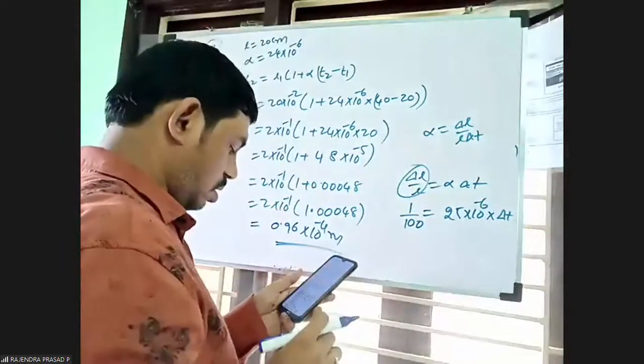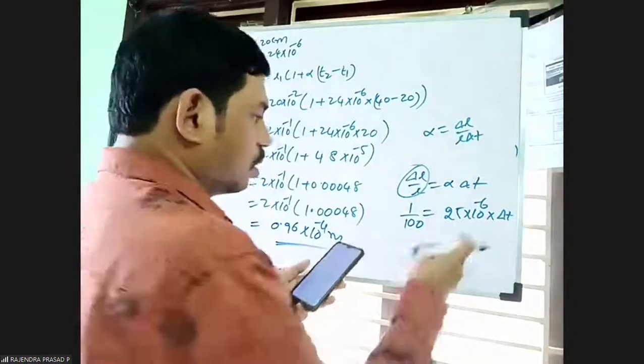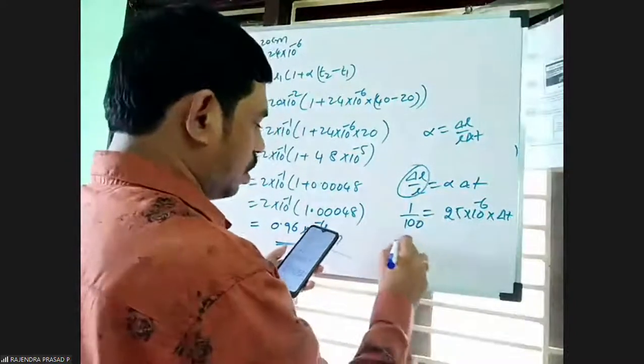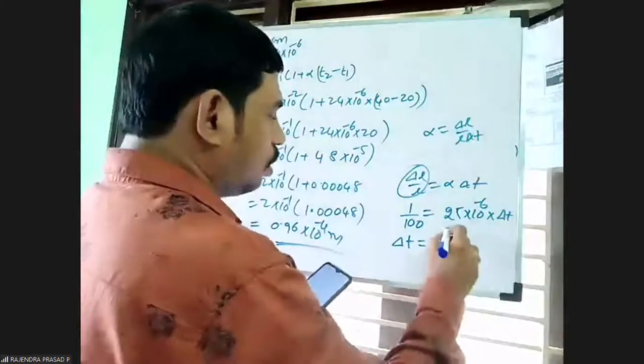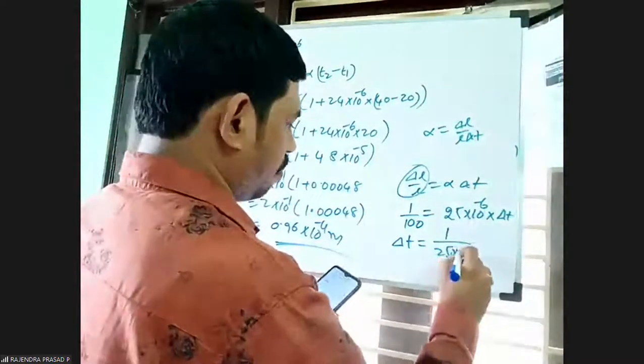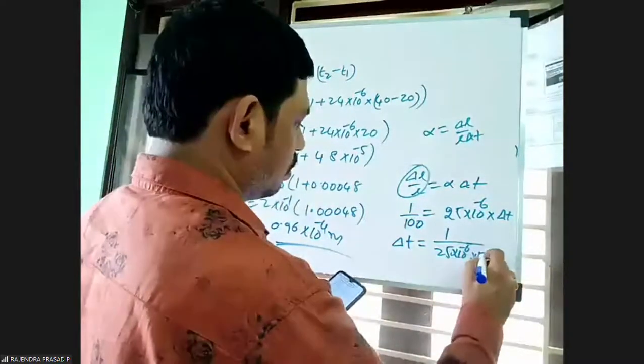So delta T is equal to 1 by 25 into 10 power minus 6 into 100.